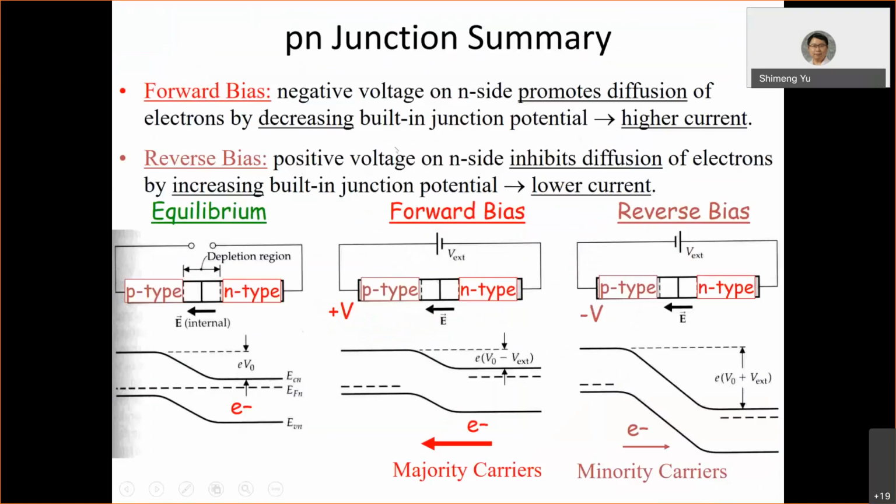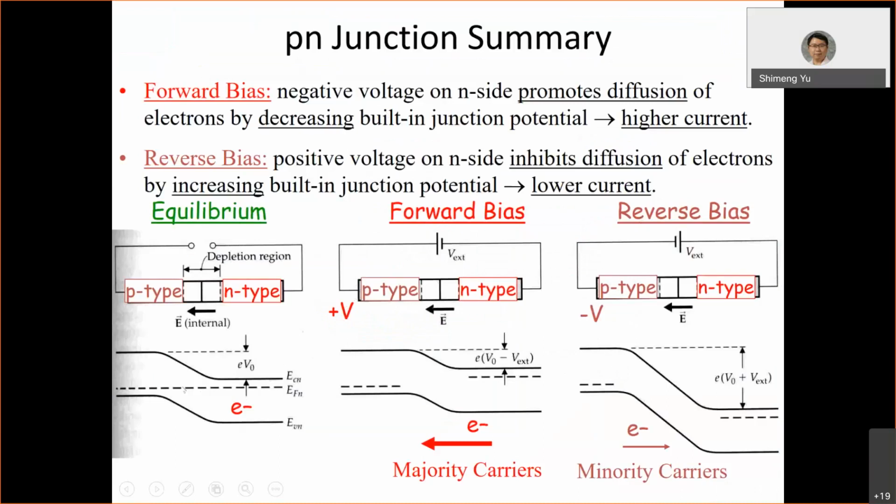All right, so this is a summary of the PN junction in three states. The first one is the equilibrium state, where the external voltage is 0. In forward bias, you apply positive voltage to the P-type, and in reverse bias, you apply negative voltage to the P-type, and this is the corresponding band diagram.